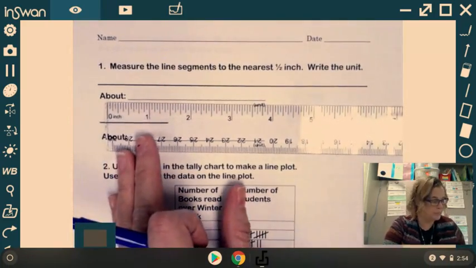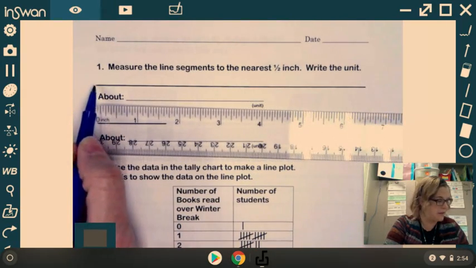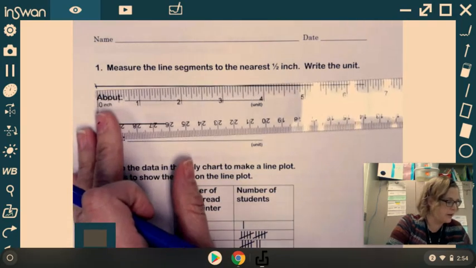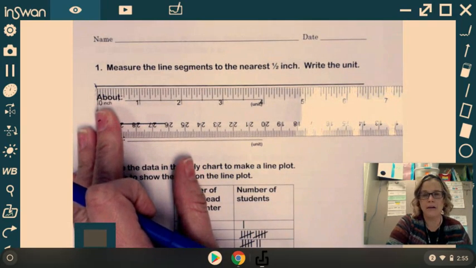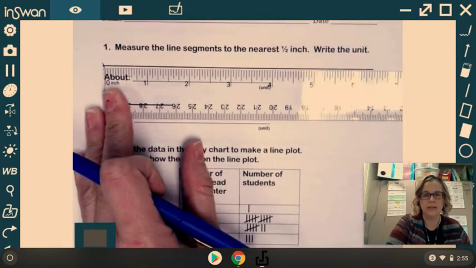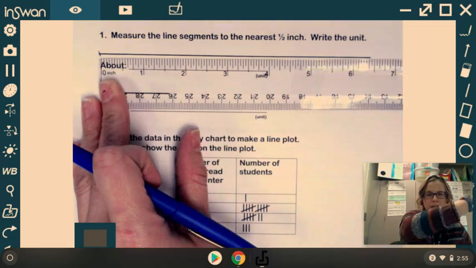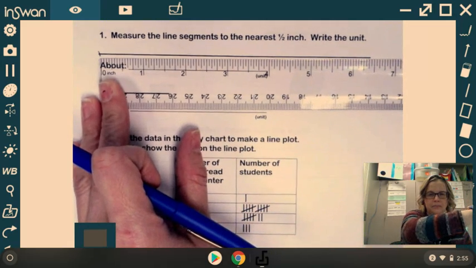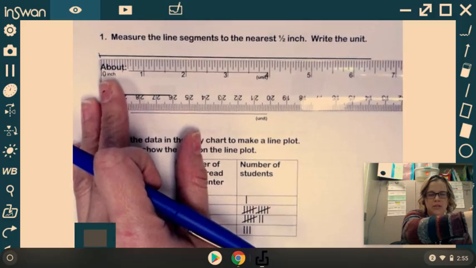And I want to put my 0 on the end of this line, so right about there. When I measure it out, about how long is this line? You should have said it is about 7½ inches.